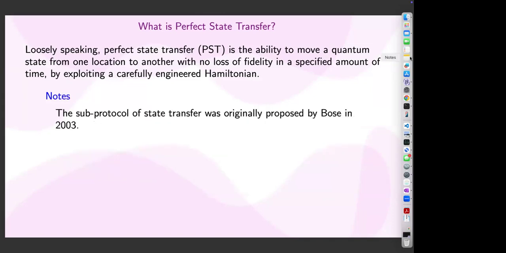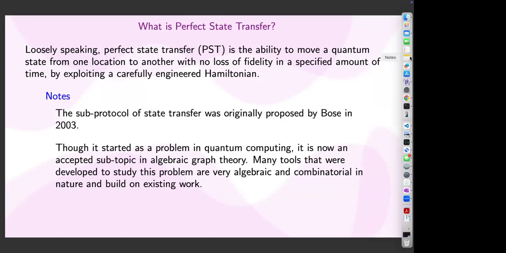All right, so this was defined in Bose in 2003. I got this wrong in my abstract, but I sent it to multiple people who did not correct me. I'm sorry. So it started as a problem in quantum computing, but it is now a subtopic of algebraic graph theory, because in order to work on this, you actually had to prove more things about algebraic graph theory so that you could apply them. You had to prove more things and also define things.